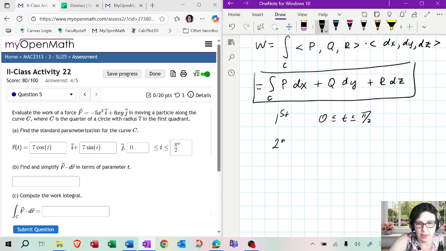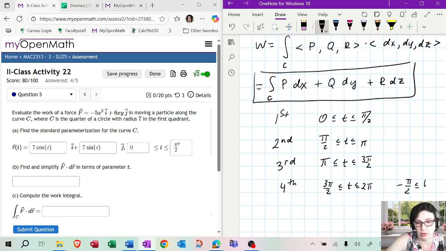If they say second quadrant, that would be pi over 2 to pi. If it's third, that's pi to 3 pi over 2. And finally, if it's fourth, that would be 3 pi over 2 to 2 pi. But you can also make a parameterization from negative pi over 2 to 0. That would be another possible one. But unless you have a good reason why, I would just use these.